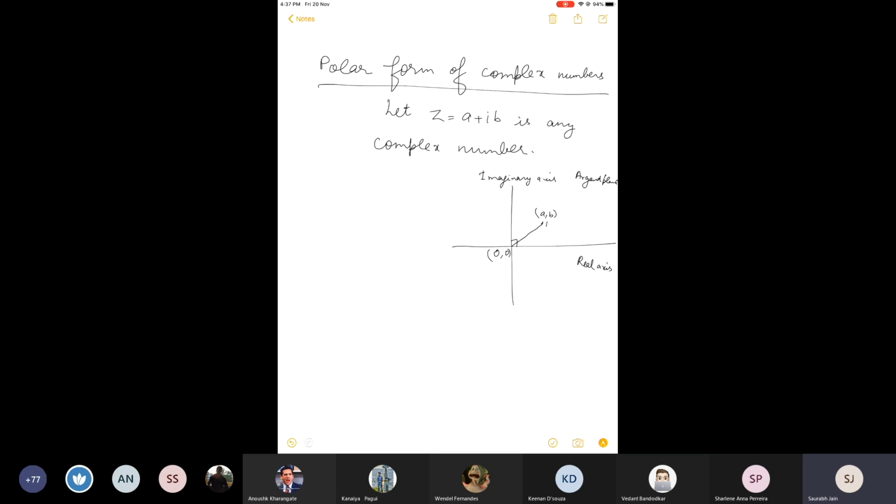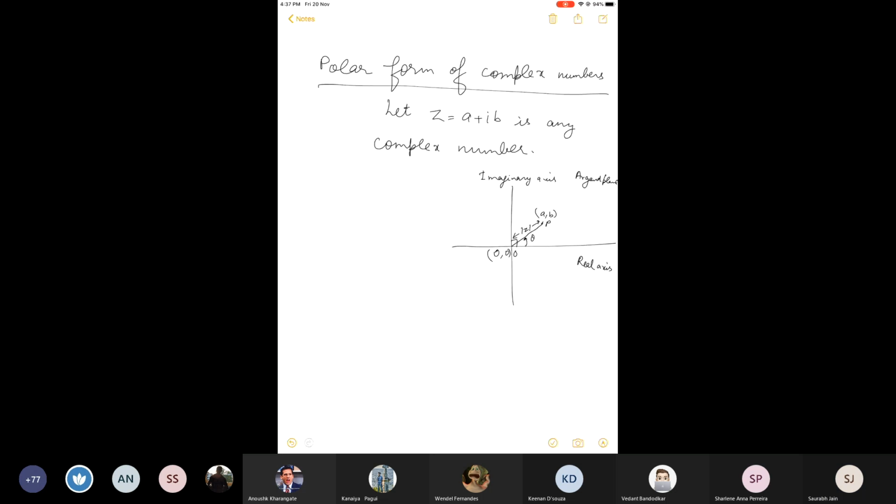The distance of this point P or the complex number, whatever you say, its distance from origin is nothing but mod z. If you remember, mod z is the distance of the complex number from the origin, right? Then the line segment joining this complex number and origin with the positive real axis, this angle, since here we can understand with the help of first quadrant, we can also say it is the principal argument.